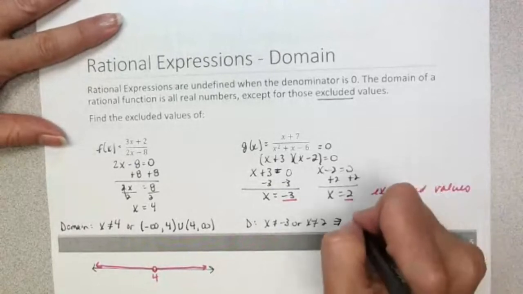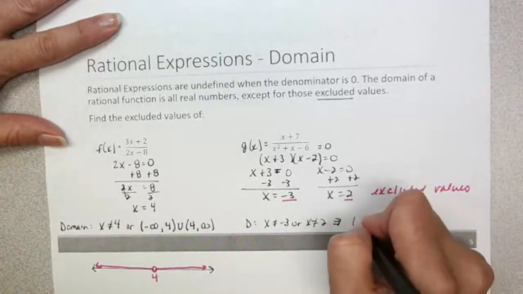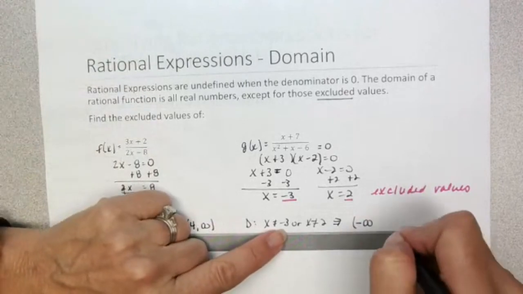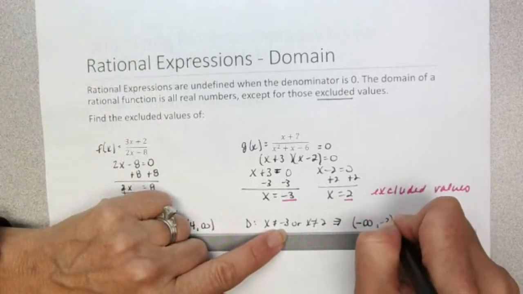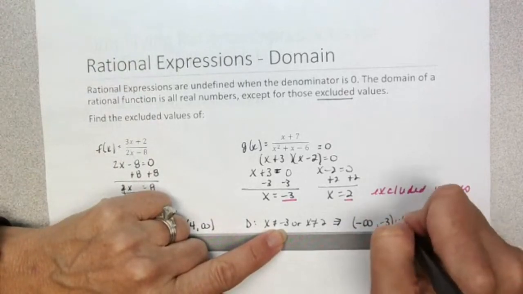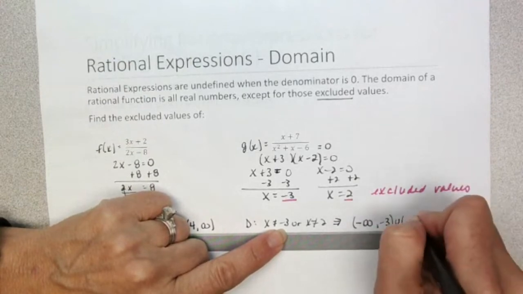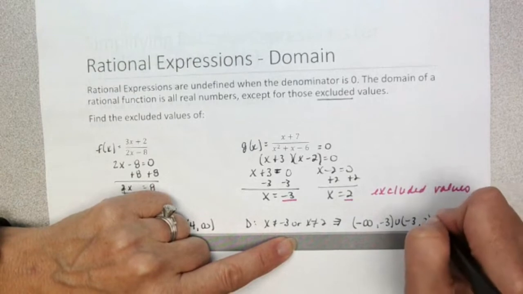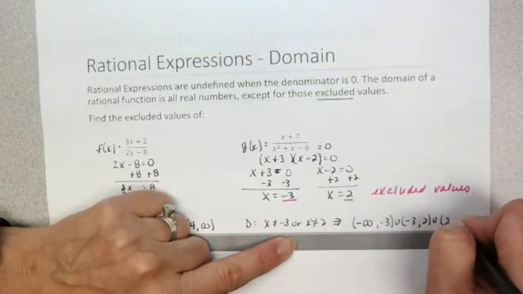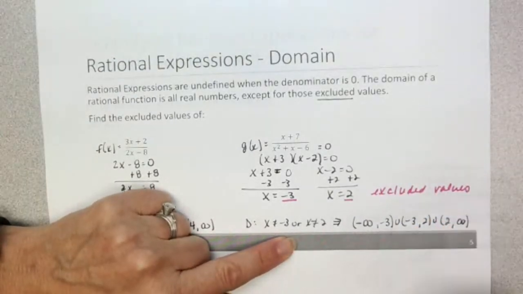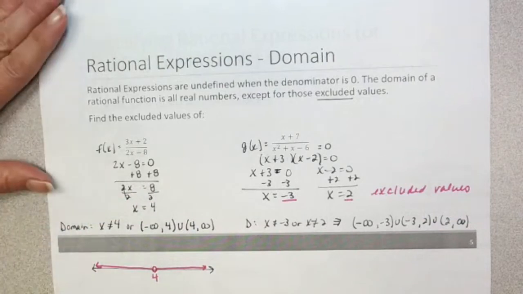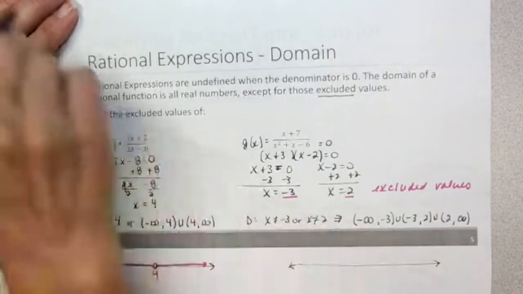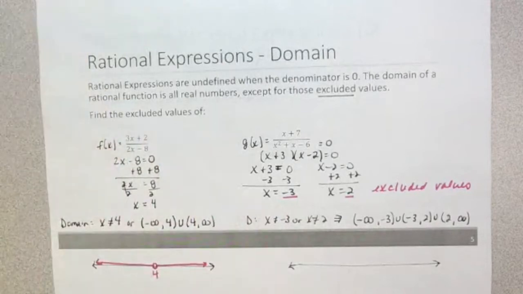In interval notation, this is going to be all the values from negative infinity up to negative 3, in union with all the values between negative 3 and 2, in union with all the values greater than 2 all the way up to infinity.